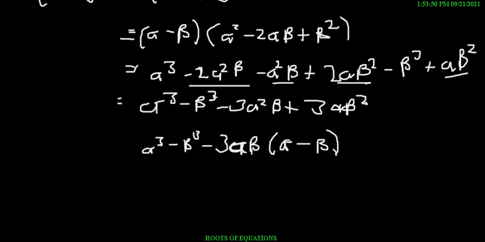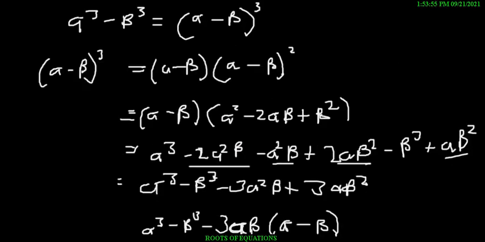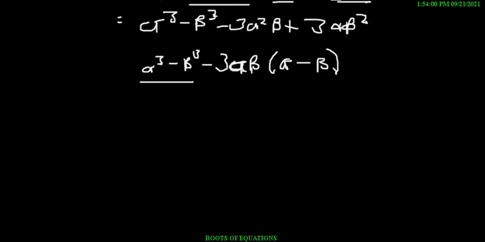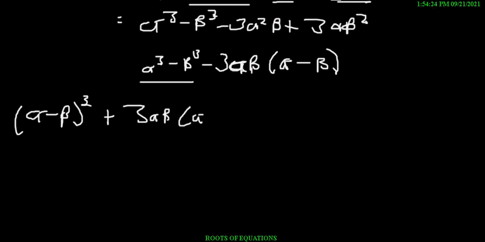We can see that this is similar to our original question here, so we can simply make this the subject of the formula and send this to the other side, and we're going to have alpha minus beta cubed plus 3 alpha beta times alpha minus beta.